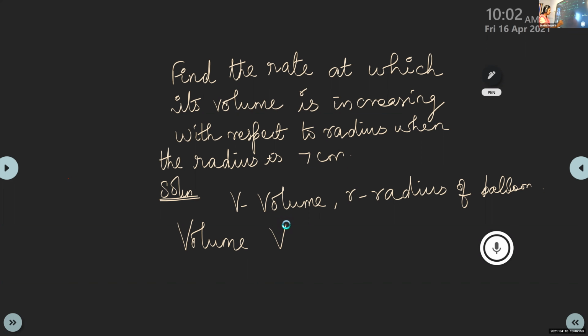So volume V is 4/3 pi r cube. Now listen, children, another important thing to notice.